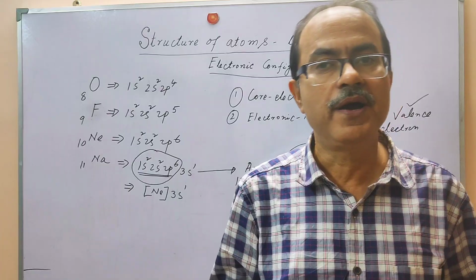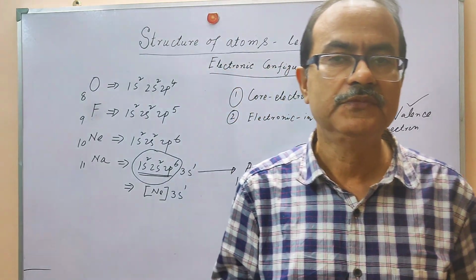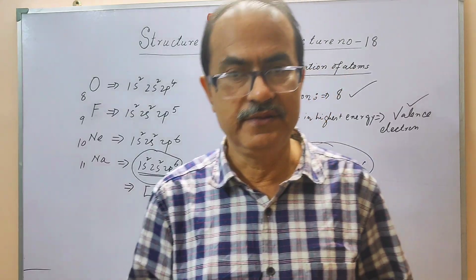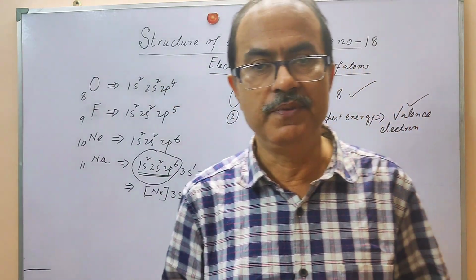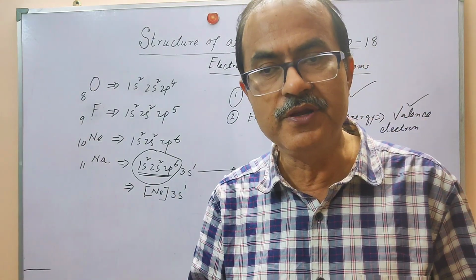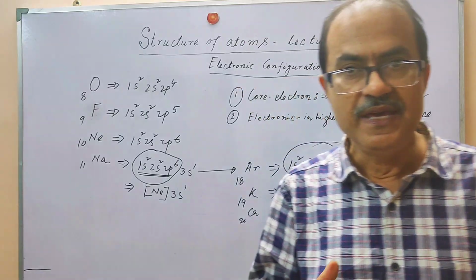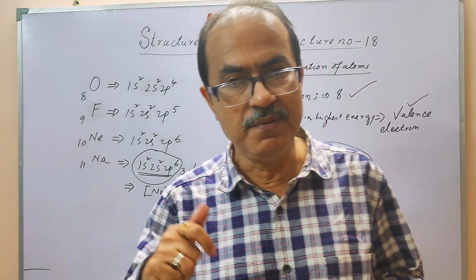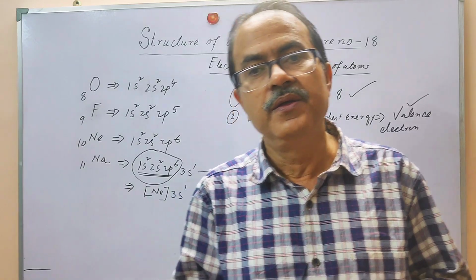You can go through my video on the periodic table to understand how this has been arranged. The next will be scandium, the 3d series, and it will go up to krypton. In this way you can write the electronic configurations.